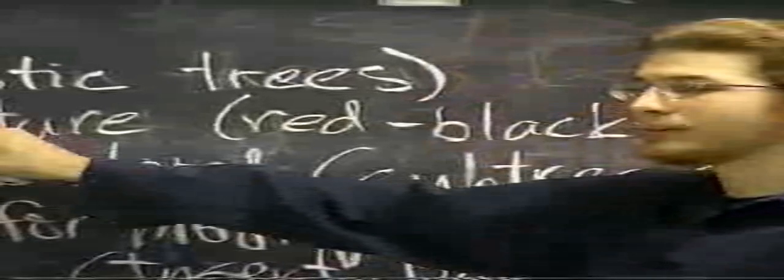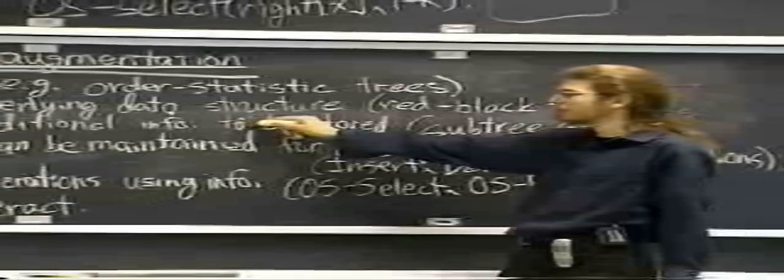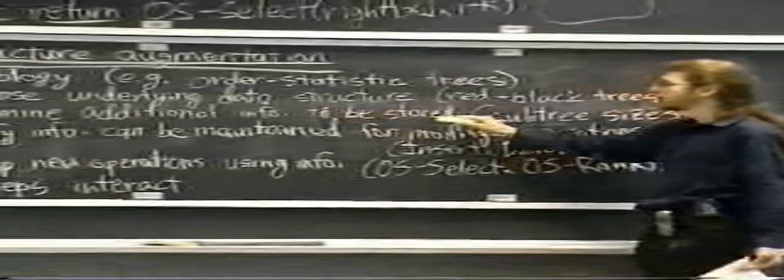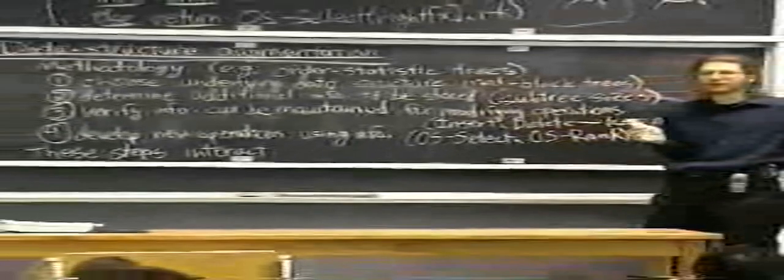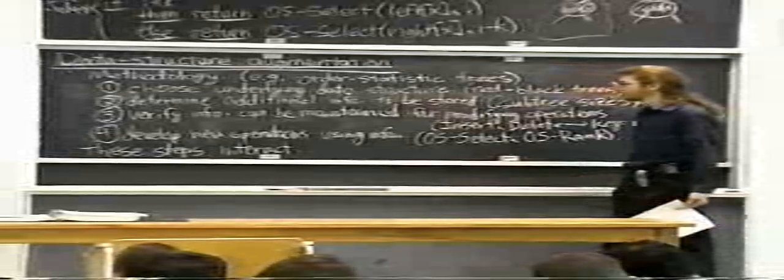All of these things interact. I have in mind what operations I want to do. I think what information might be useful. Can I maintain it quickly? What info should I store? And then implicitly you think, what's the data structure that most closely matches what I want to do, so that I can maintain this information and it will do what I want?